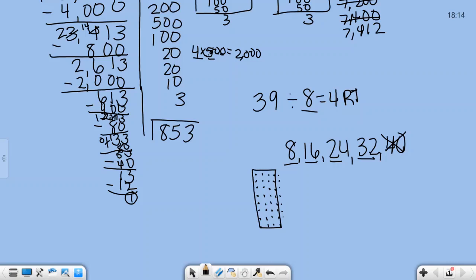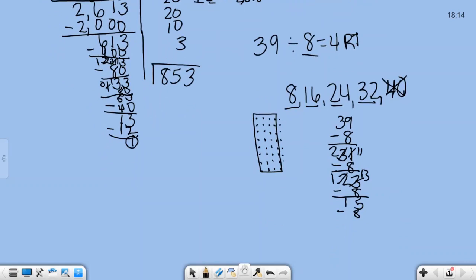Then something else they can do is repeated subtraction. 39 minus 8 minus 8. Oh, just lost my train. Minus 8. Minus 8.